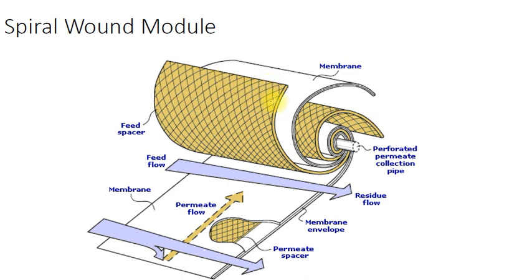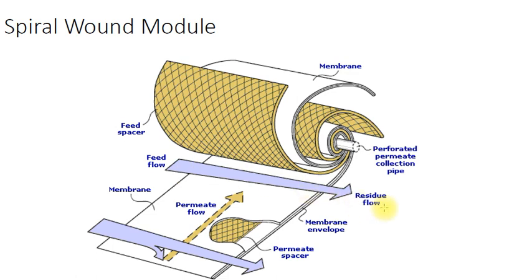Spacer means there is a polymeric net which provides space for the liquid to flow. So this is the spacer, and there is a spacer inside the envelope also. The feed enters in this direction and leaves from this direction above the envelope.